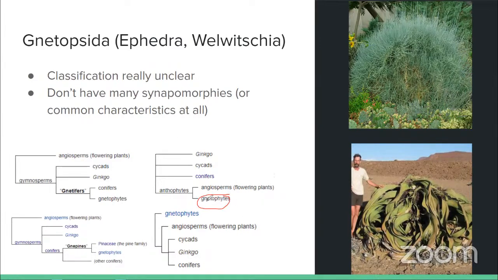So they're not flowering plants, but a sister group of the flowering plants, and not really within this gymnosperm group at all. I think that one's less likely. Another option is that we have them coming out separately from the pines, nested somewhere within the conifers. Another option is that they're just an outgroup to everything, doing their own thing.